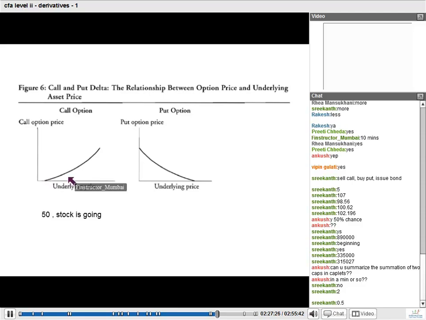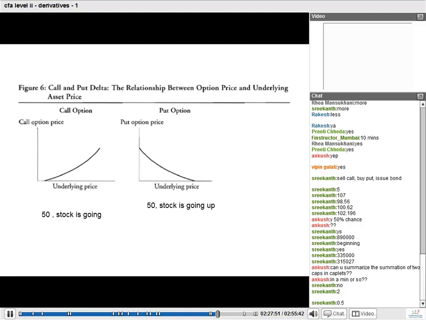Similarly, as the price of the underlying goes up, the value of a put option will fall because the put option becomes out of the money. Put option is the right to sell, or the option to sell at the strike. So the option to sell is at 50, let's say, and the stock is going up. Will you exercise this option?